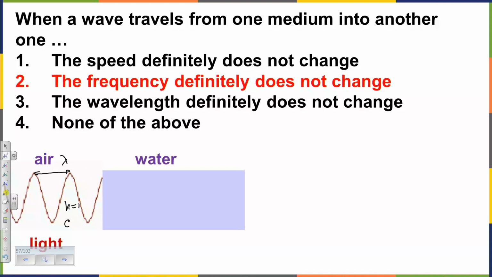The speed of light is equal to 3 times 10 to the 8th meters per second. Water: index of refraction equals about 1.33. The speed of light will be equal to this. It moves slower. But the frequency here should be equal to the frequency there.